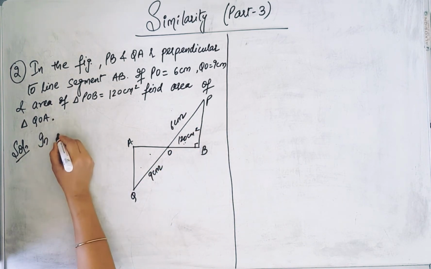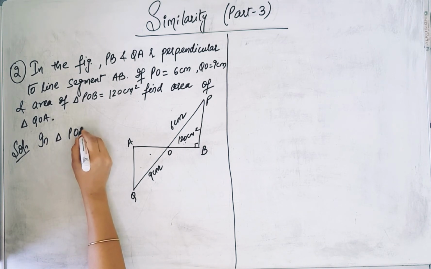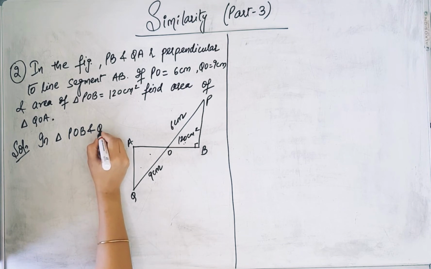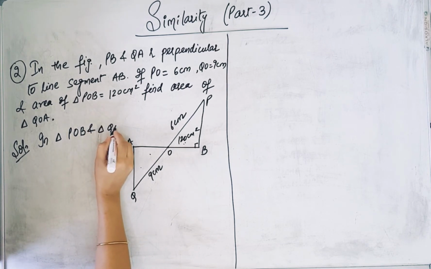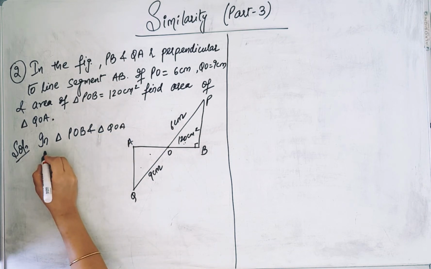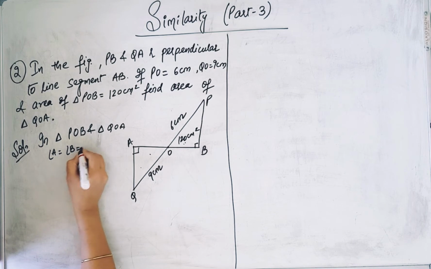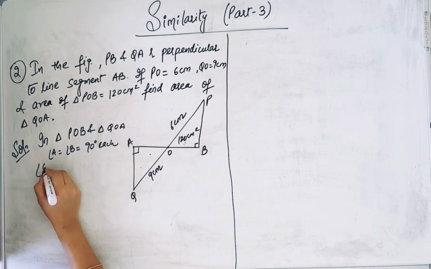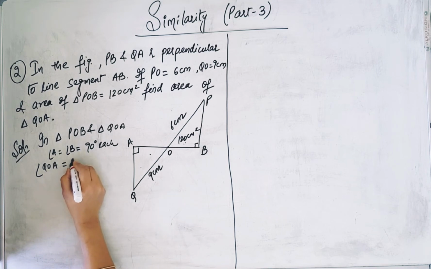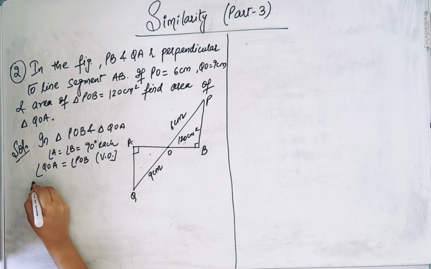So first of all, we'll prove that these two triangles are similar. So in triangle POB and triangle QOA, here angle A is equal to angle B, 90 degrees each, and angle QOA equals angle POB, vertically opposite angles.